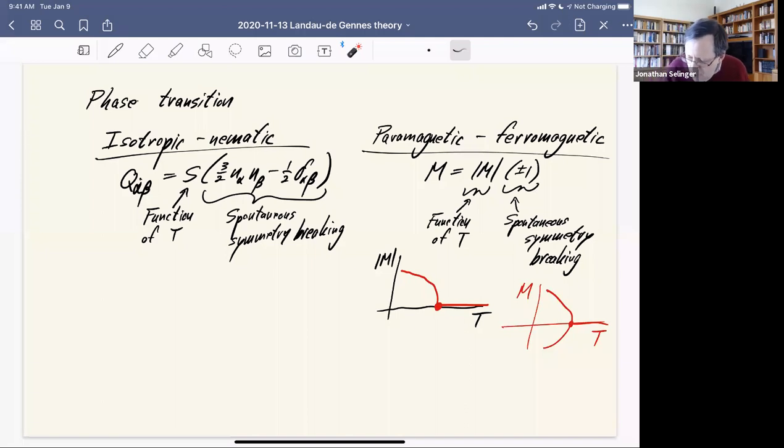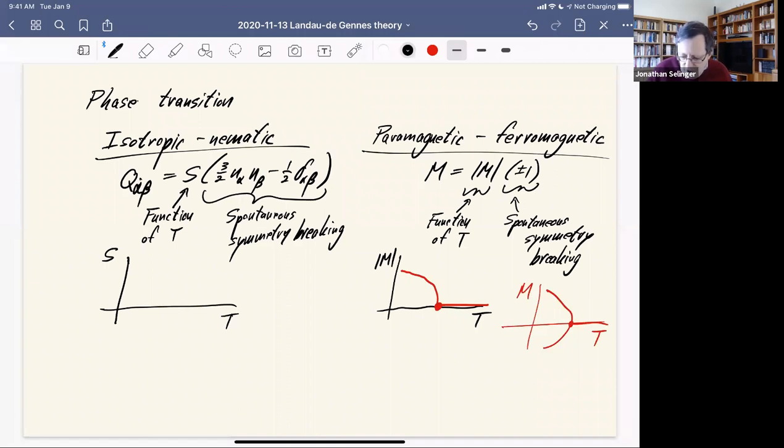Okay, so now I want to do something like that for the isotropic nematic transition. That is, I want to make a prediction for what is S as a function of temperature, right? To see, how does the nematic order change as a function of temperature?